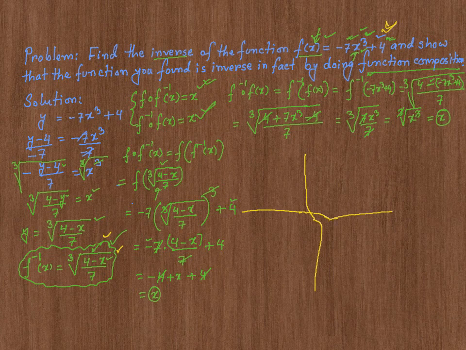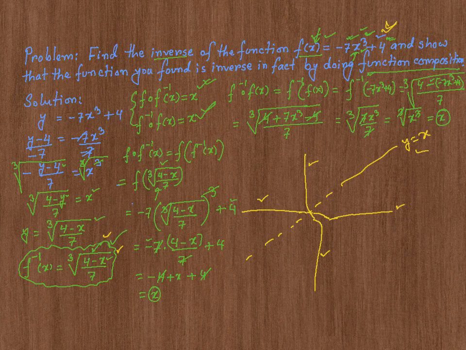It kind of looks like this, and if you draw the line y equals x, this is a mirror image of that. This is a sketch. As you can see, I'm not perfect at it. The basic idea is that if two functions are inverses of each other, they are mirror images of each other about the line y equals x.